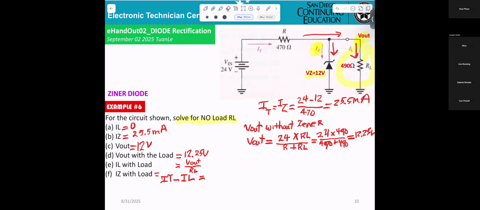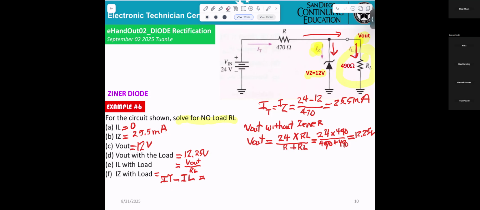So the Zener will break down, right? VL equals 12 volts. You take 24 minus 12, which is 12, divided by 470.